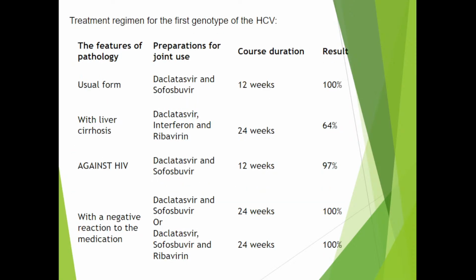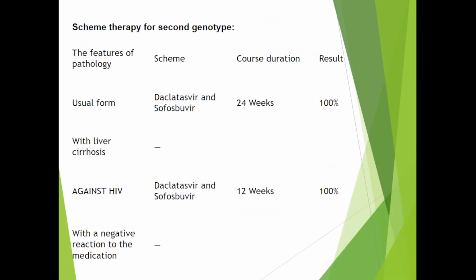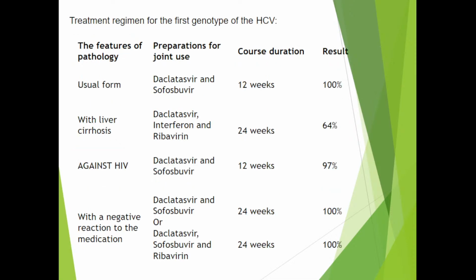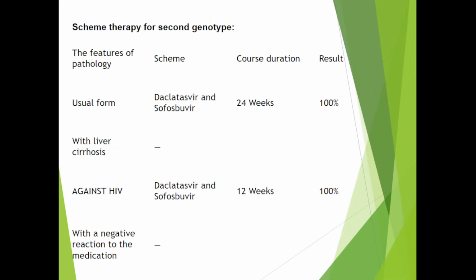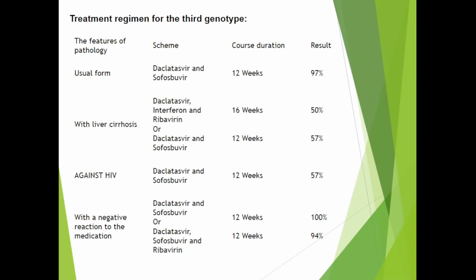It's for the first genotype. For the second genotype, usual form, daclatasvir and sofosbuvir, 24 weeks, from the start. So genotype is important. With liver cirrhosis, we don't treat it. Against HIV, daclatasvir and sofosbuvir for 12 weeks. With a negative reaction to medication, we don't treat it. For the third genotype, usual form, 12 weeks.